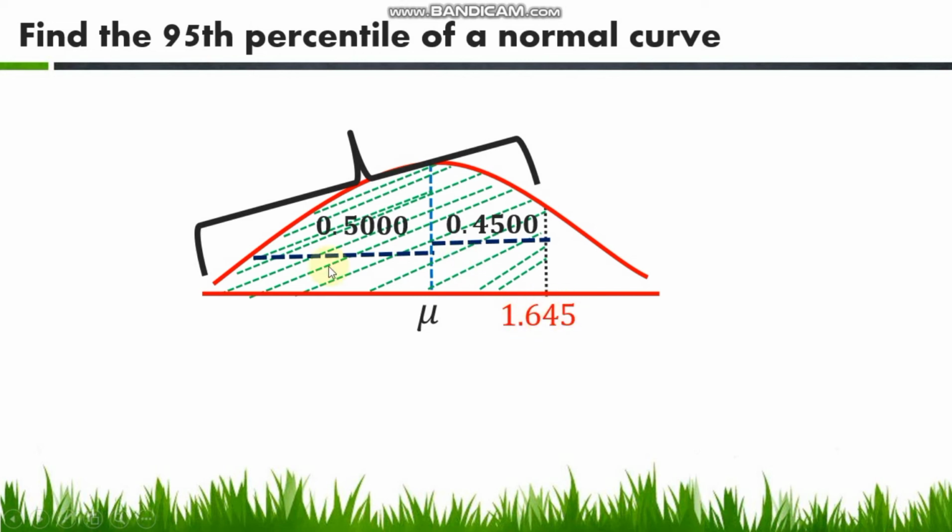Take note, class, we split this so that we can get a z-value for 0.4500, because when we add the total area, it is 0.9500, or 95%. So again, our answer: the z-value for P95 is equivalent to 1.645.